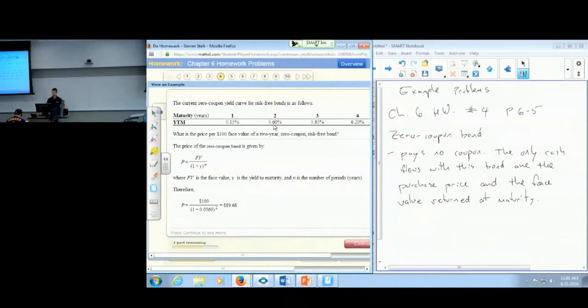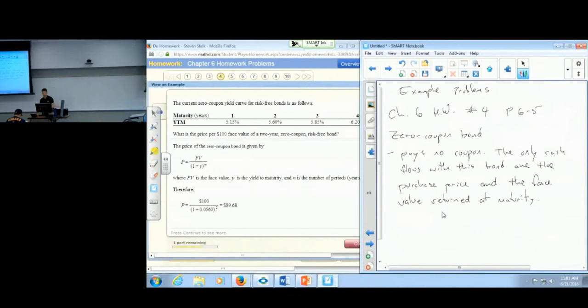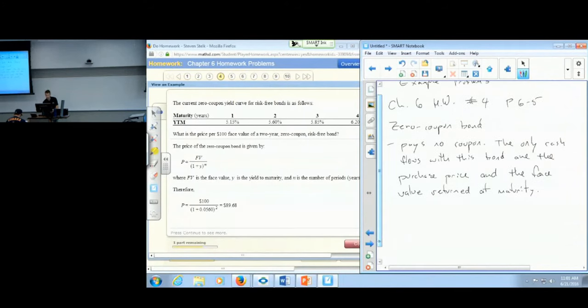It's asking you for the price per $100 of face value for a 2-year, zero coupon, risk-free bond. It already told you this is the zero coupon yield curve. What it does not tell you is the face value. Could be $1,000, $2,000, $100,000, $5,000, who knows?